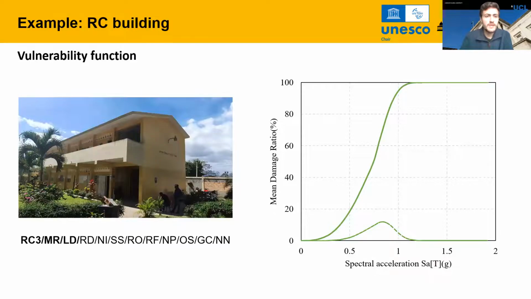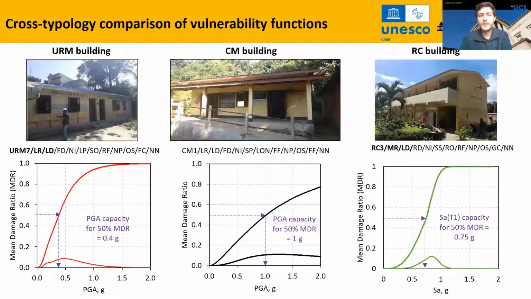For our example building, the RC building that we presented in the previous slides, you can see here the taxonomy string and how the vulnerability function can be calculated. And just to compare, in this slide I'm showing 3 different vulnerability functions. One is for unreinforced masonry. You can see that you have a very steep slope, and the vulnerability is very high.